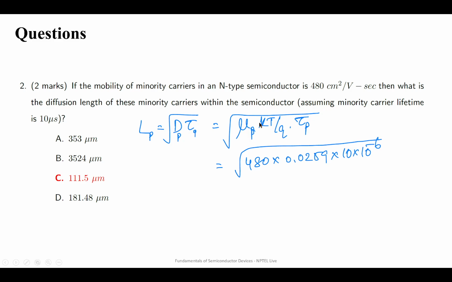So for 300 Kelvin, your kT by q is 0.0259 volts. So you multiply 480 into 0.0259 into 10 to the power minus 6, which is 10 microseconds. And when you solve it, you will get 101.5 microns.